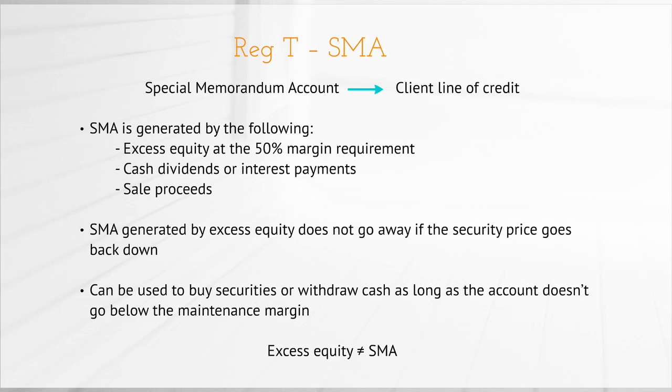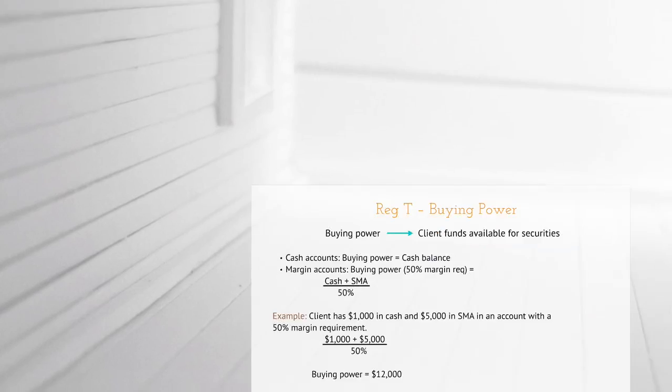So it's not the same as excess equity, but excess equity generates SMA. Your line of credit or SMA can be used to buy securities or withdraw cash as long as you stay above your maintenance margin, that 50%, and certainly above the 25%.